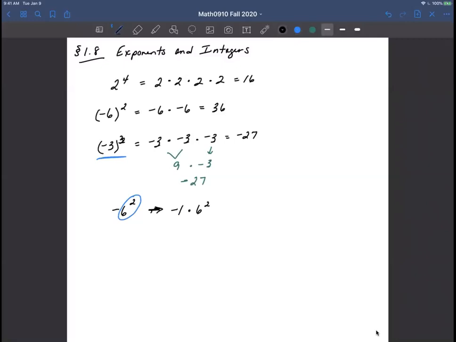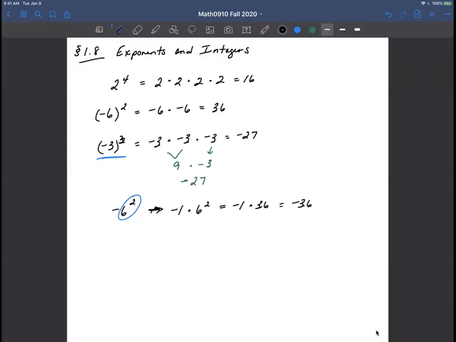So now this becomes the same as -1 times 36, because 6 times 6 is 36. So -1 times 36 is -36. This is an important difference, a very important difference. So make sure that you don't get that confused, because you will see this again.